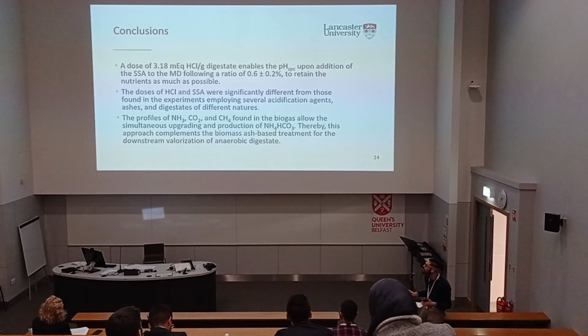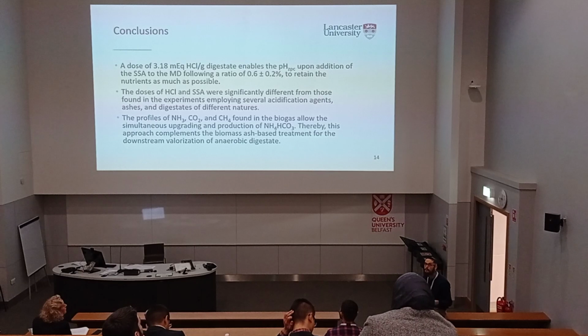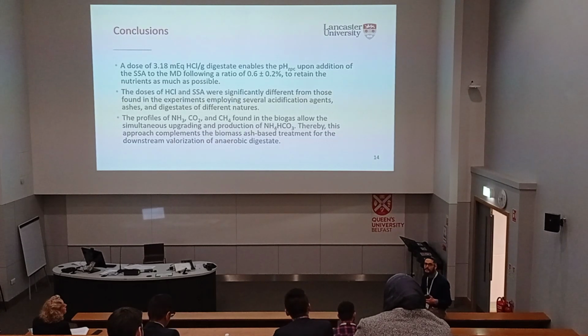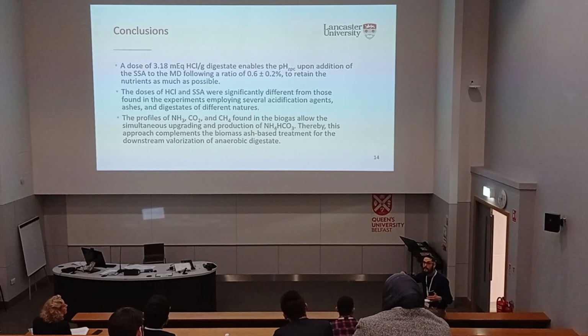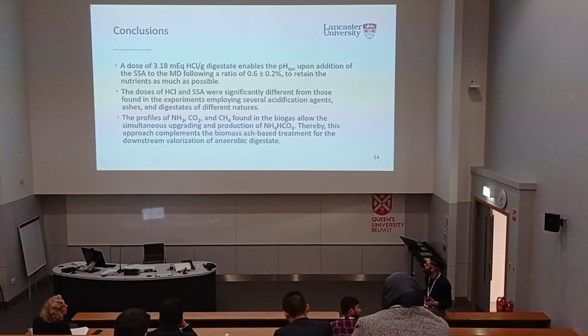In the case of the hydrochloric acid, it's telling us to add more hydrochloric acid, and in the case of the wood ash, it's telling us to add less. Okay, so we need to take that into account when we are refining the model. And related to the production of ammonium bicarbonate, we have seen that it's feasible, and we are now implementing a distillation process for the production of this material.